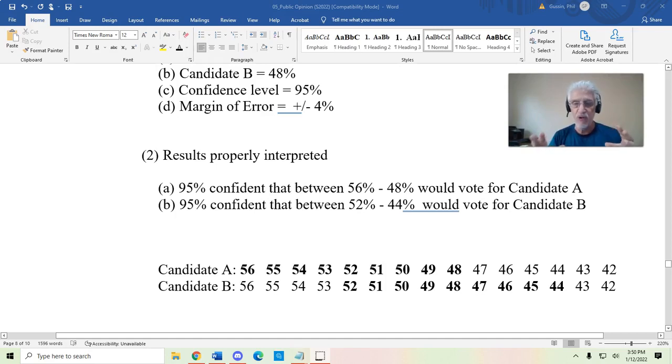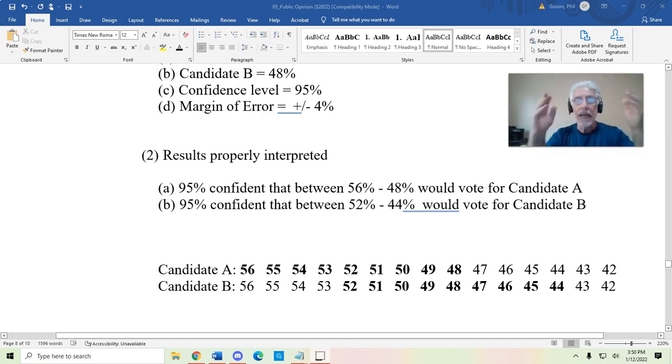And sometimes students will assume, well, most of the numbers are larger for candidate A, so they must be ahead. But that's just not true. We really statistically cannot determine whether the true value of the population for candidate A is 56, 55, 54, 53, 52, 51, 50, 49, or 48.